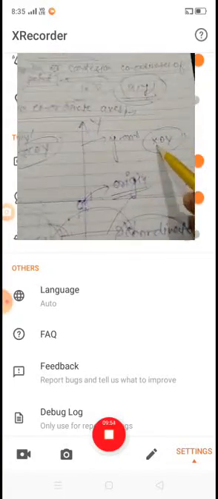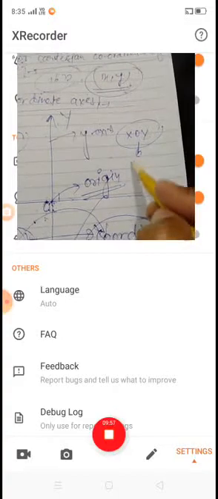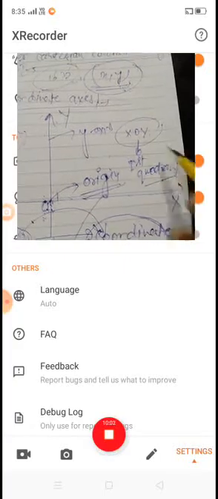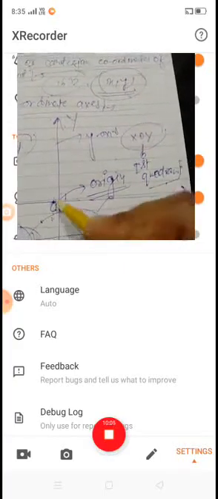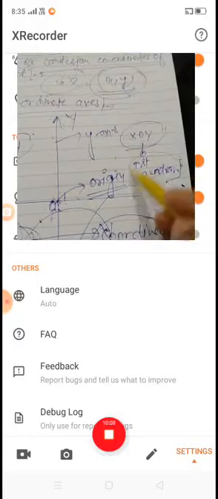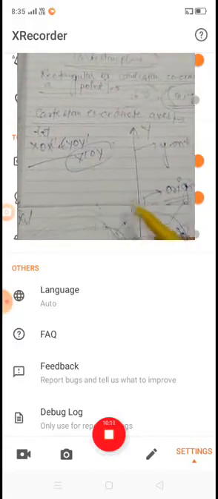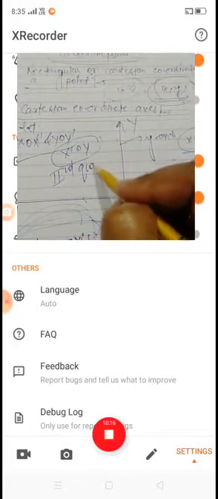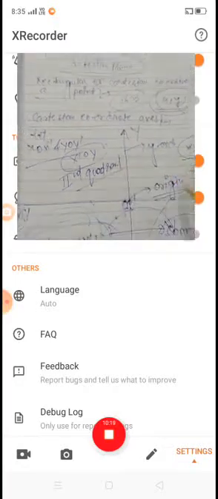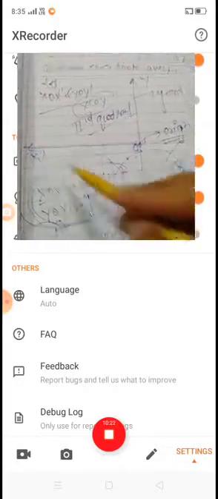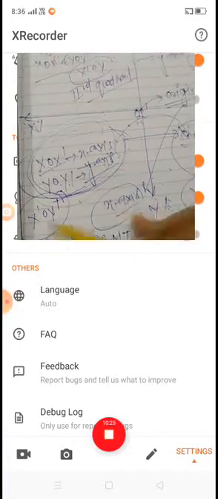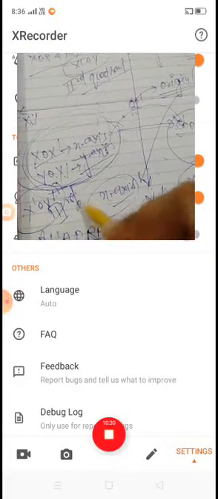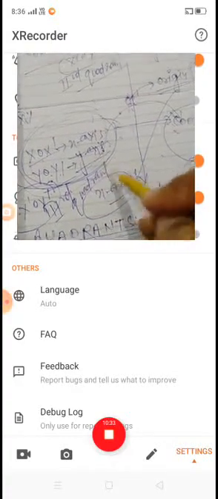The region XOY is called the first quadrant. The region X dash OY is called the second quadrant. The region X dash OY dash is called the third quadrant.